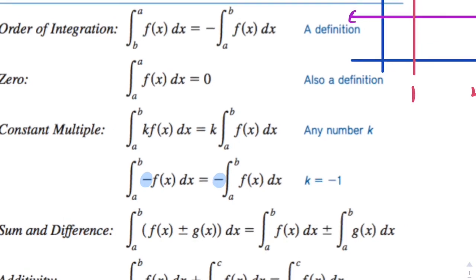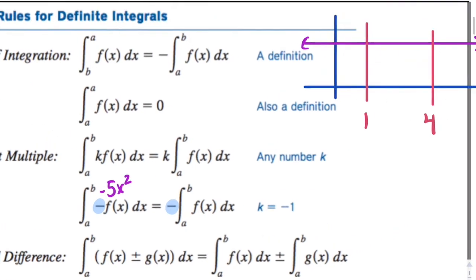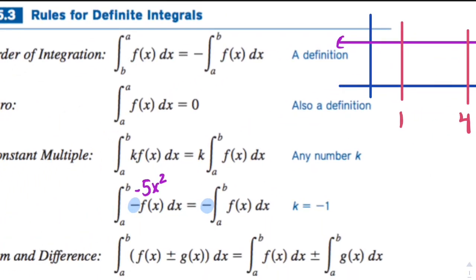If this was, for instance, negative 5x squared, we could pull the negative 5 out and leave it as x squared, and just multiply the negative 5 at the end once we find our area. Or we could leave the 5 inside. That's legal. We just have to make sure we multiply it in at the end.